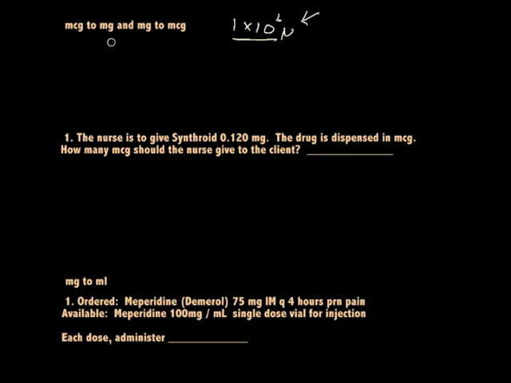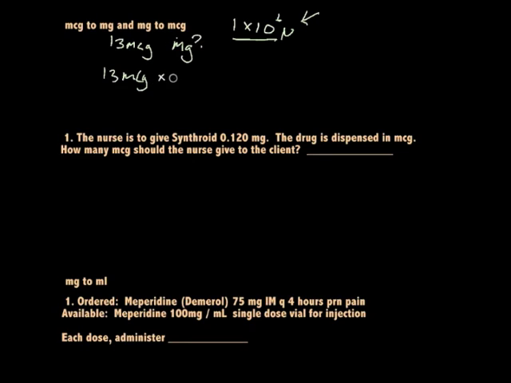Let's say that we have 13 micrograms. And in nursing, we call micrograms mcg instead of the Greek symbol there. Pardon me. So what we're going to do is do 13 micrograms with our given, and I want to know how many milligrams that is.